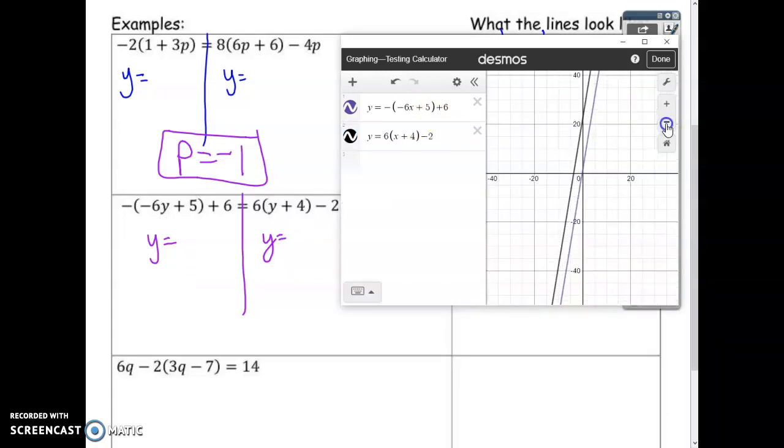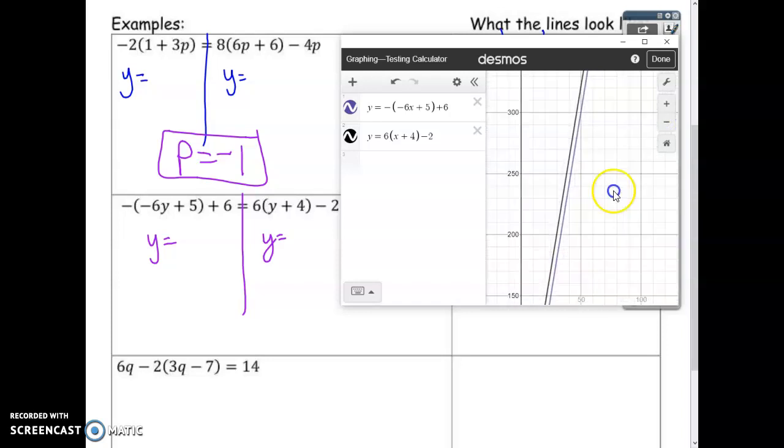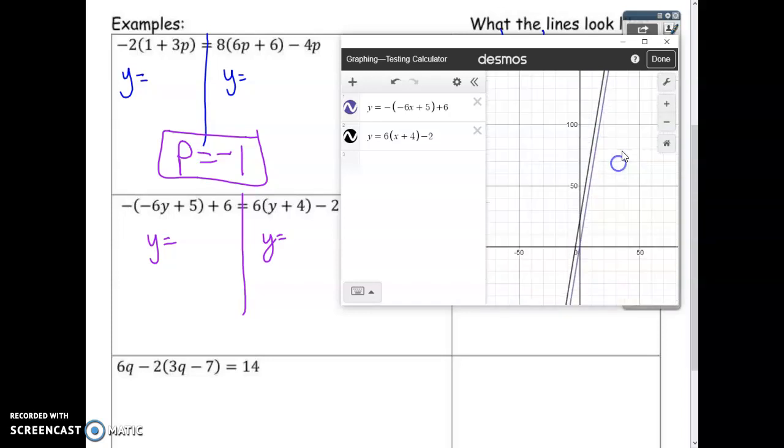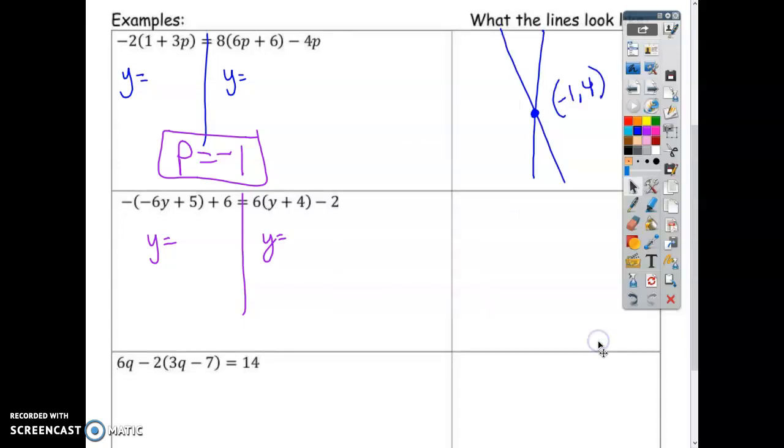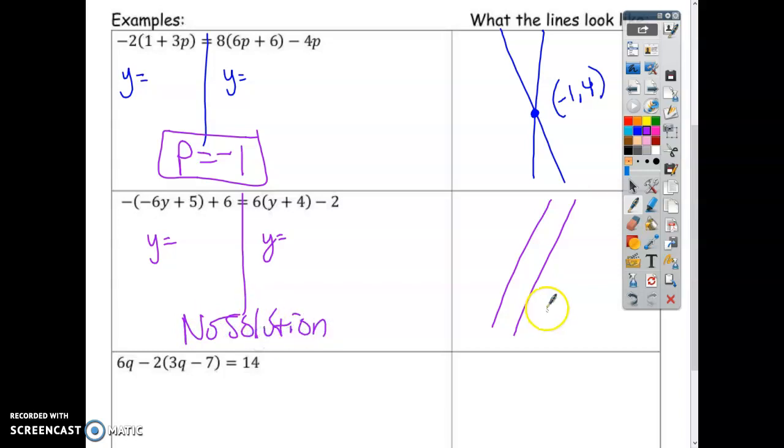And even if you zoom out, they are never going to cross because these are parallel lines. So what do you draw? You draw parallel lines, and you tell me that it has no solution. Okay, no solution because these are parallel. And they never cross, never intersect. Okay?